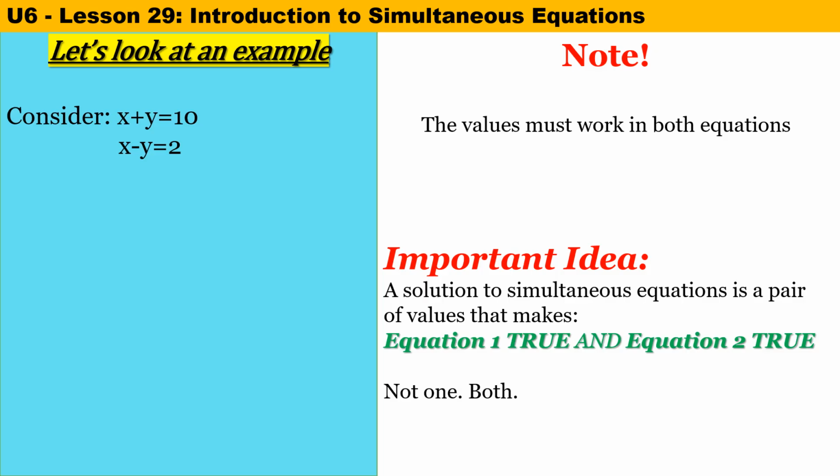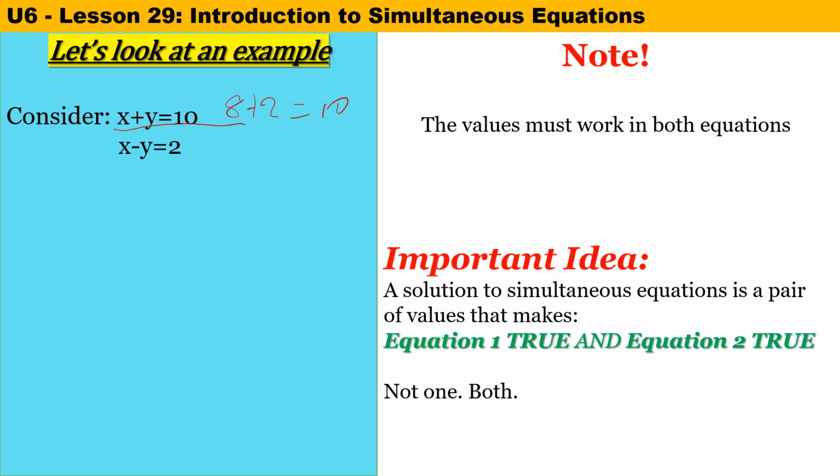Let's look at an example. So here we have x plus y equal 10, x minus y equal 2. What we need to find is a value for x, a value for y that works to satisfy both equations. What if I were to say, for equation 1, 8 plus 2 equal 10?